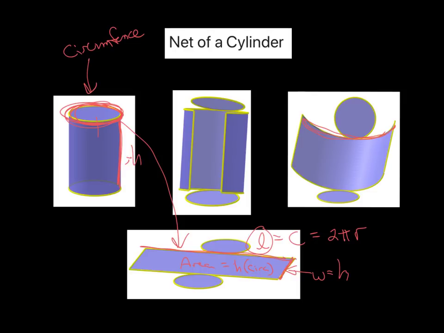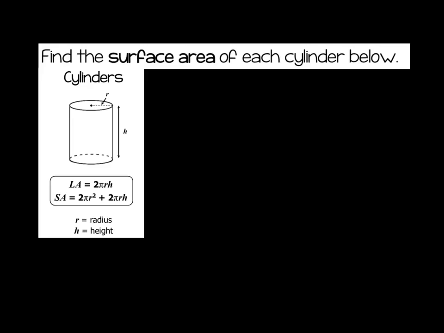And then the area of the top and the bottom is going to be the area of a circle times 2. Take the top and the bottom, and your height times your circumference, add them together, and you'll have the total surface area.